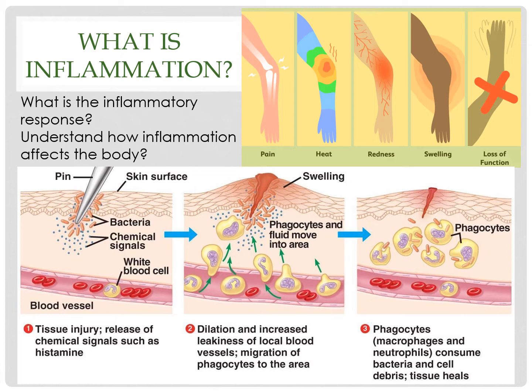Then we get all of these phagocytes to the area, and phagocytes are going to help to consume the bacteria, but also to help kill whatever is in that area. So in this case, your phagocytes, with your macrophages and your neutrophils, are going to get rid of the bacteria and the cell debris, and then our tissue will heal.